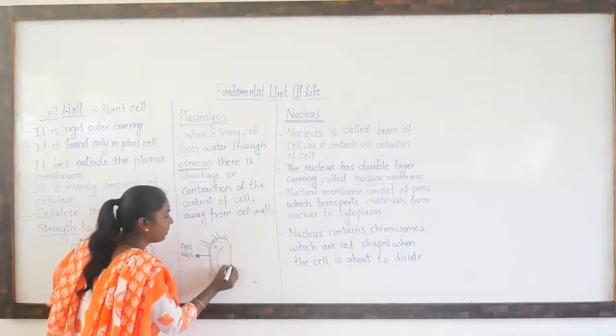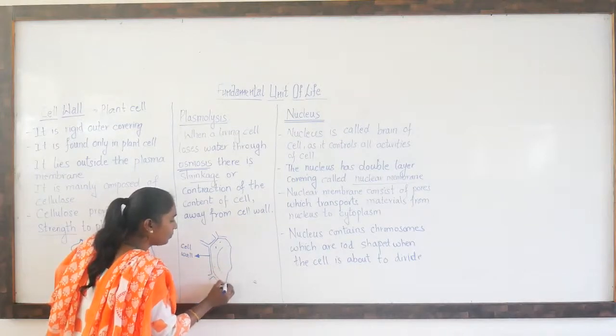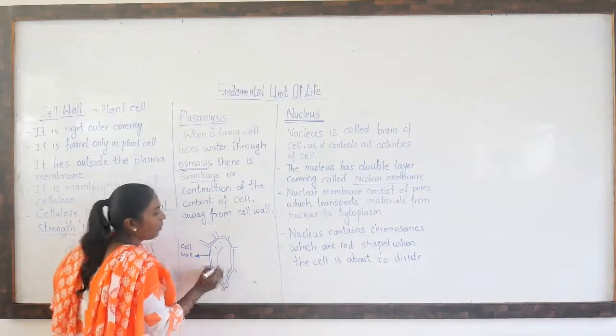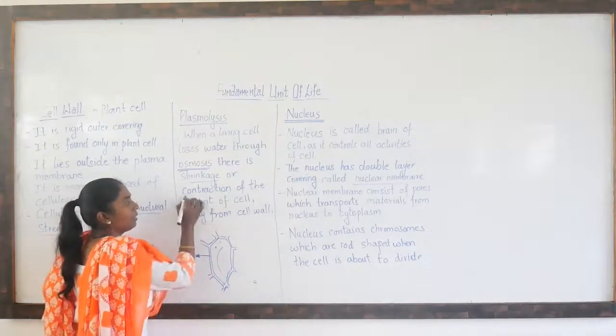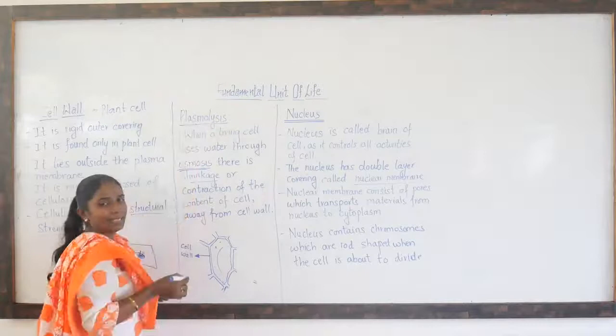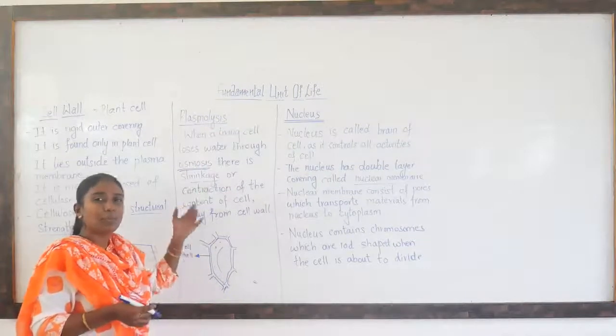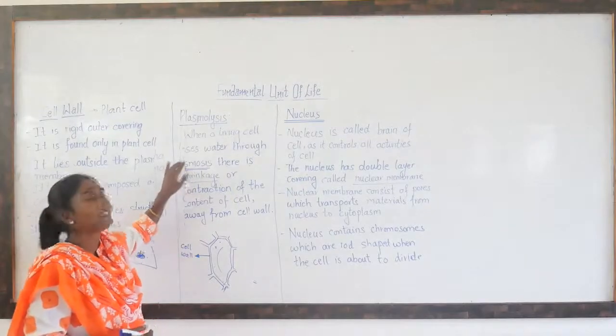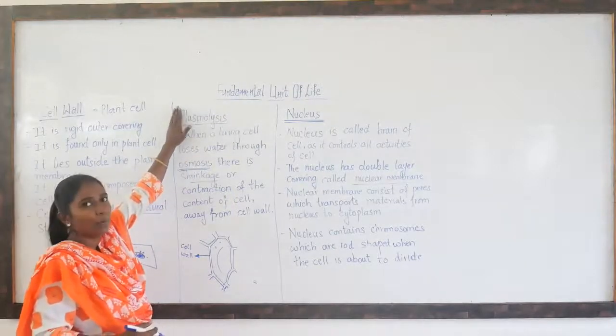You will find it like this. So this losing of water content from the cell is called as plasmolysis. The losing of water by the process of osmosis is called as plasmolysis.